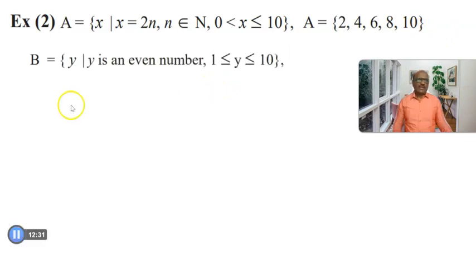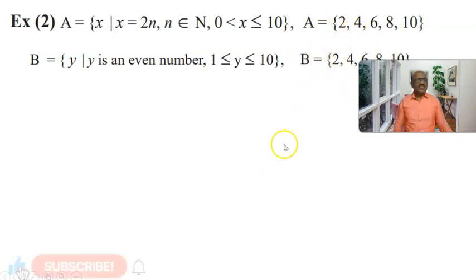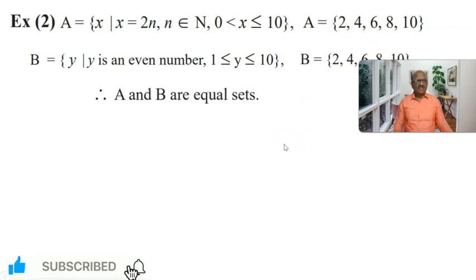Okay, next set, B is equals to, in curly bracket y is such that y is an even number and it lies between 1 and 10, equal to 1 and equal to 10 also. म्हणजे 1 to 10 मधले सर्व आपल्याला कसे पाहिजे तर ते इव्हन नंबर्स पाहिजे, and these numbers are 2 4 6 8 10. If we observe set A and the set B, these two sets are equal sets.